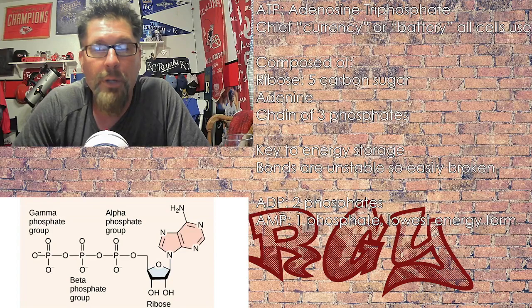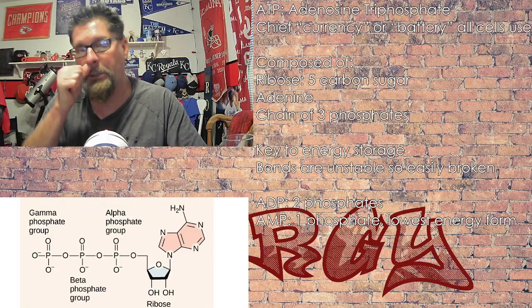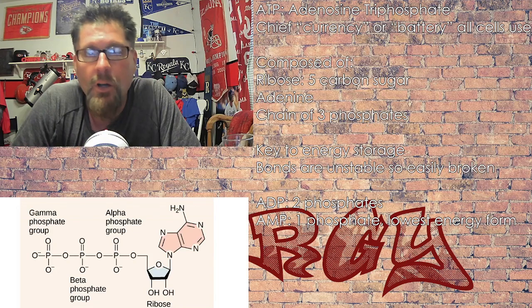And when we build it, ADP into ATP, we're building molecules, so dehydration synthesis, potential energy, anabolic pathways, endergonic reactions, all those words come into play, time and time again.